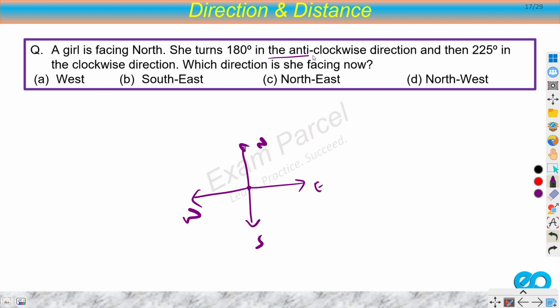She turns 180 degrees in anti-clockwise. Anti-clockwise is this one, right? This is clockwise, and this is anti-clockwise. So from here, 180 degrees, her face is towards south, north. Obviously 90 degrees this one and 90 degrees this one. So now her face is towards south.